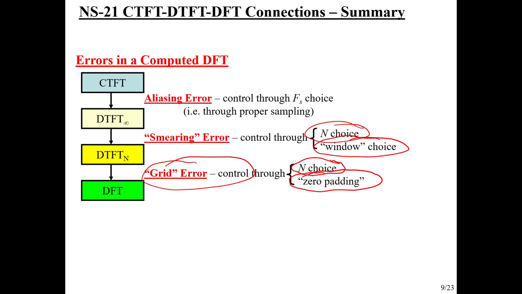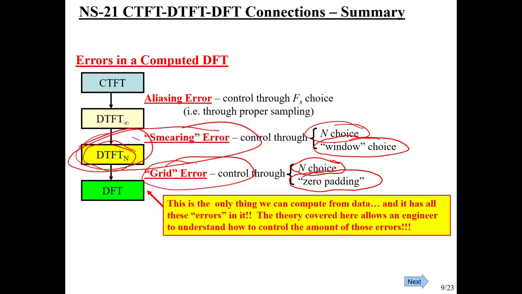And zero padding is just a cheap and dirty trick that comes out of the theory of this and allows us to get any grid spacing that we want. Does not change the shape of this. I'll say that again. Does not change the shape of the underlying DTFT. All it does is give you a finer grid on that. So that DFT is the only thing that we can compute from the data. And it's got all of these errors in it.